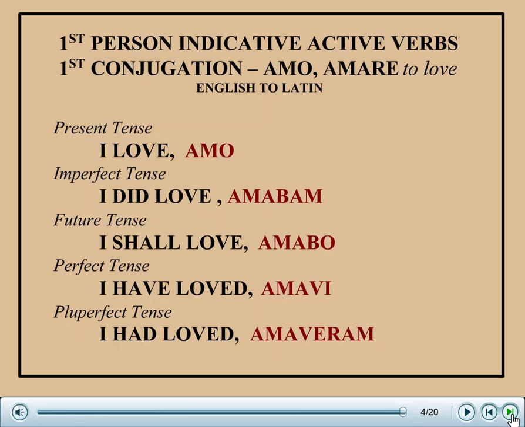We know that amo, amare is a first conjugation verb because the second form, which is the infinitive form, ends in are. Any Latin verb that has an infinitive that ends in are is a first conjugation verb. Once we learn the forms for amo, amare, we will know the forms for any first conjugation verb.